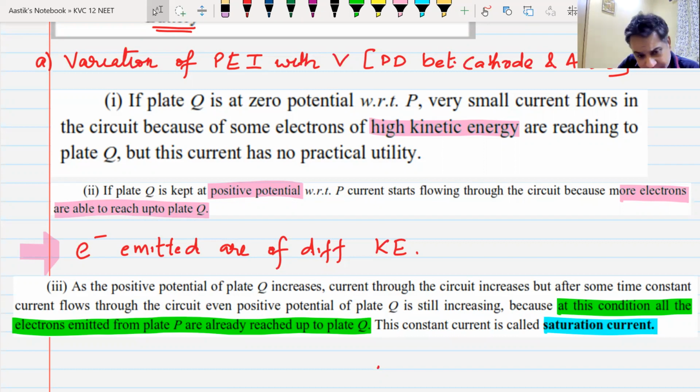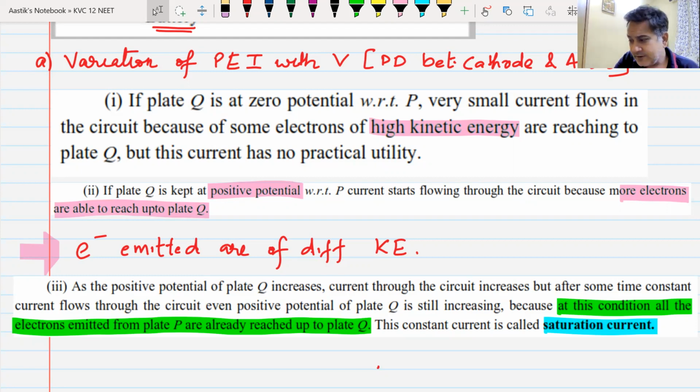When the potential is 0, we'll see some current flowing in the circuit, but that is of no importance. Yes or no?